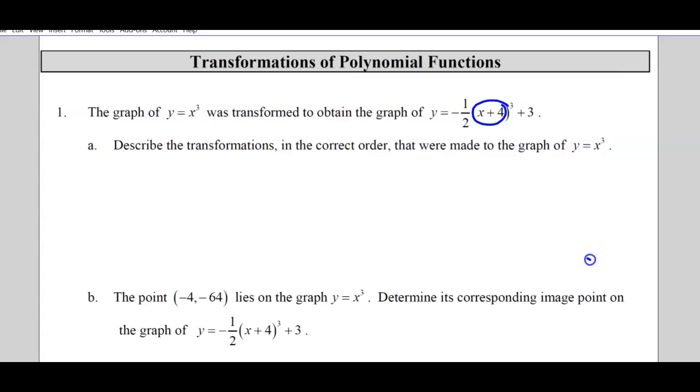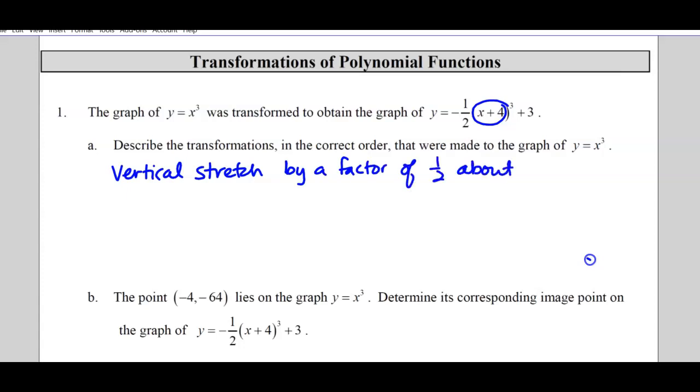Okay, so you have to compare it to your original graph. You've got to state your stretches first. So this would be a vertical stretch by a factor of 1/2 about the x-axis.